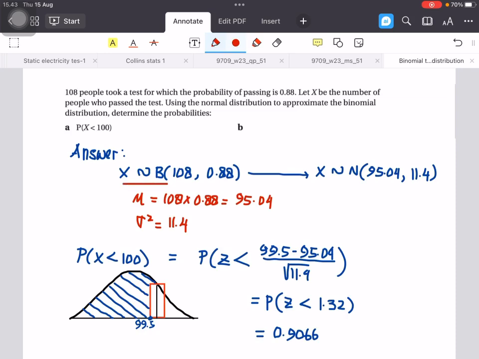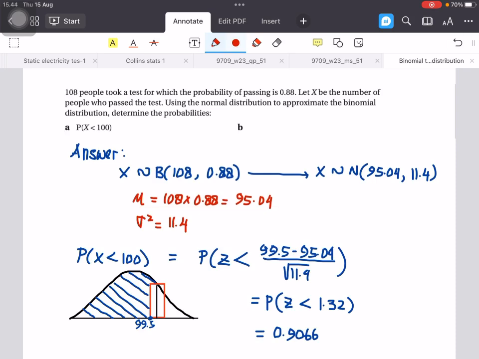So x follows the binomial distribution with n equals 108 and probability of success 0.88. We can use normal distribution to approximate the binomial distribution. So first find the mu using n times p.